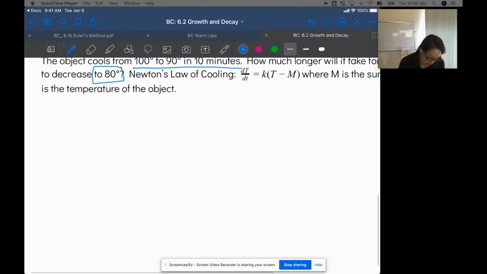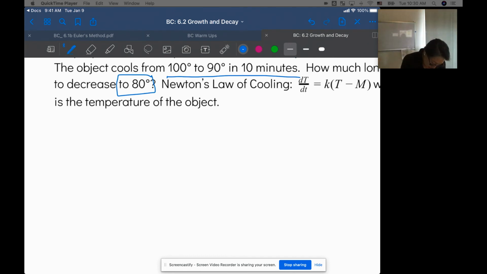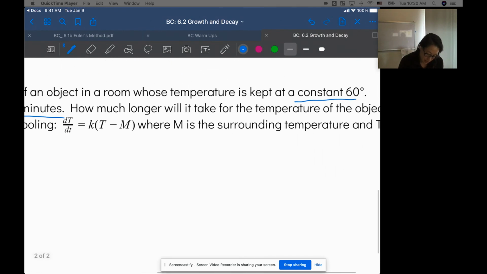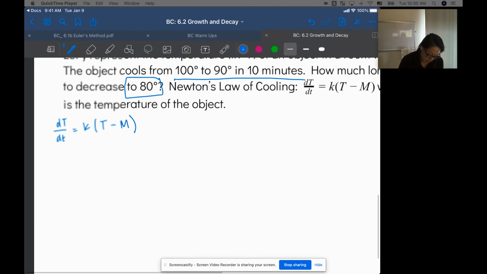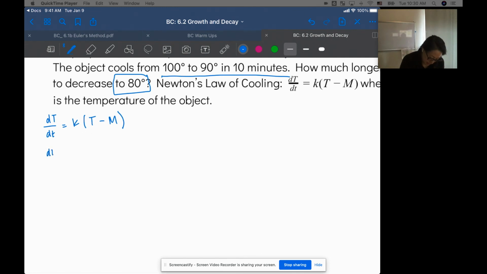So we can go ahead and write that down. dT/dt is equal to K times the temperature minus the surrounding temperature. It told us the surrounding temperature was 60 degrees, so I can plug that in. dT/dt is equal to K times (T minus 60).